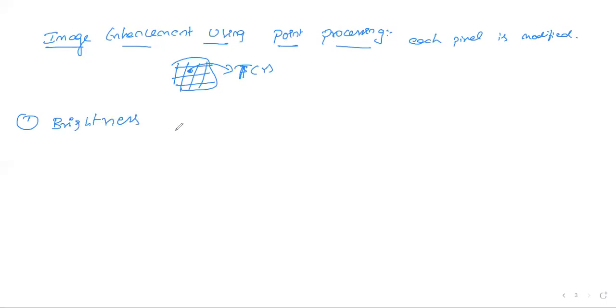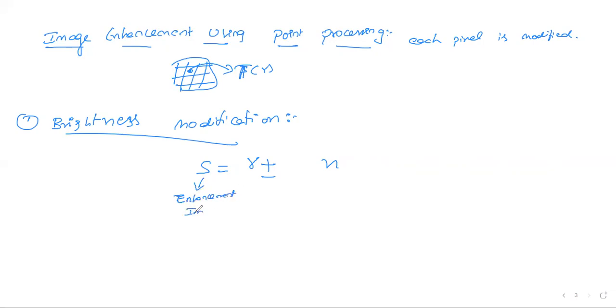brightness modification. The transformation function is given as S is equal to R plus N. Okay, S is the enhanced image, R means input image, N means some constant.